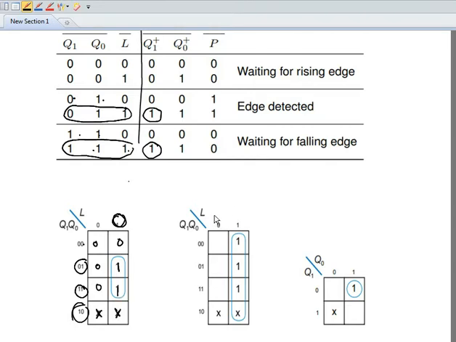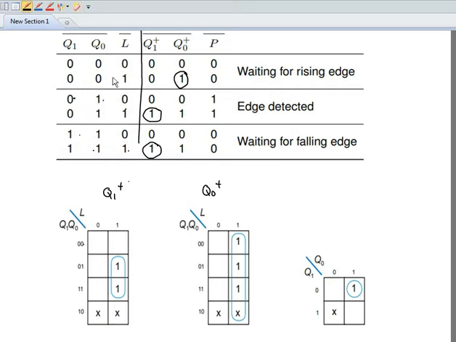What about this one? So this is for Q1 plus. This is Q0 plus, right? So look at Q0 plus. Q0 plus equals 1 when this is your combination.